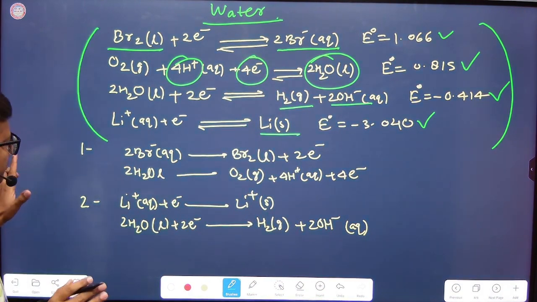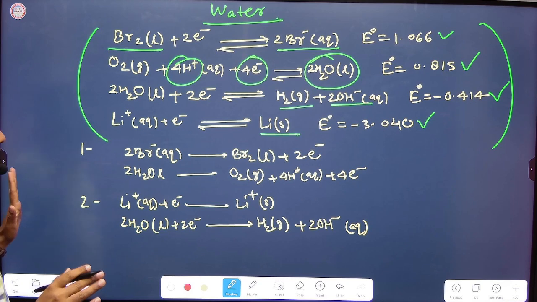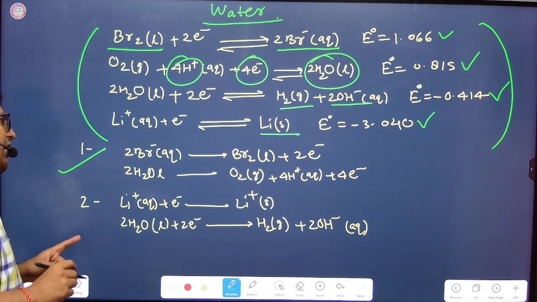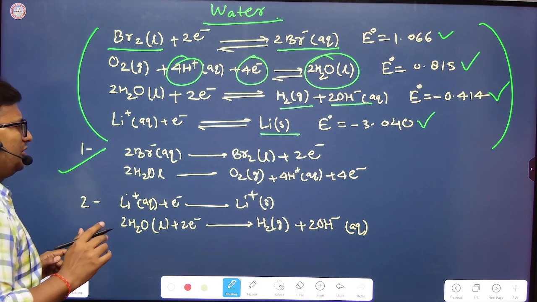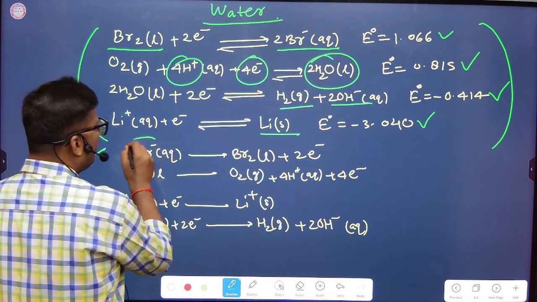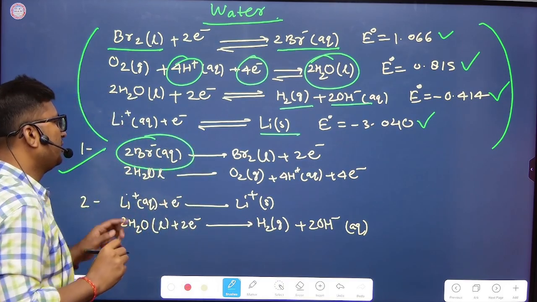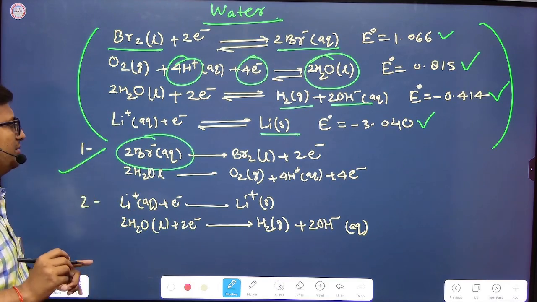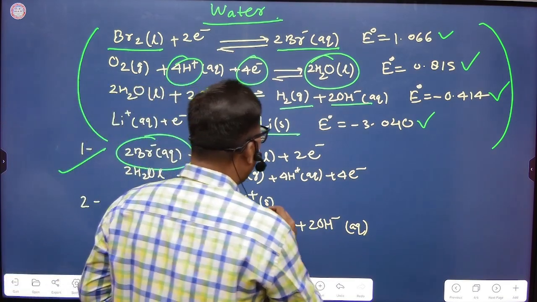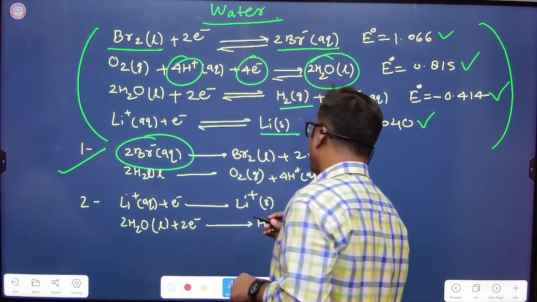Now the first possibility at the anode is the production of bromine liquid. So the bromide ion present in water may be oxidized to bromine Br2 liquid.